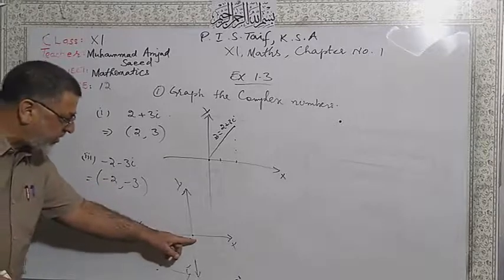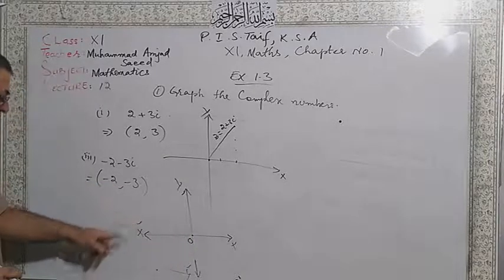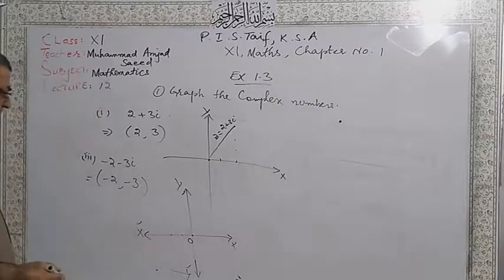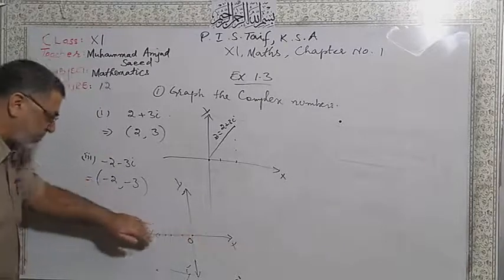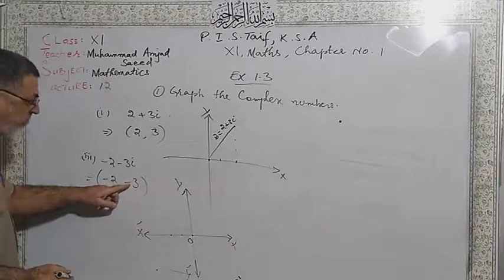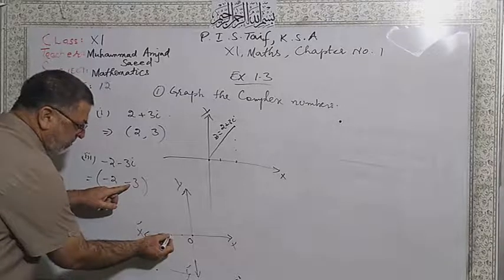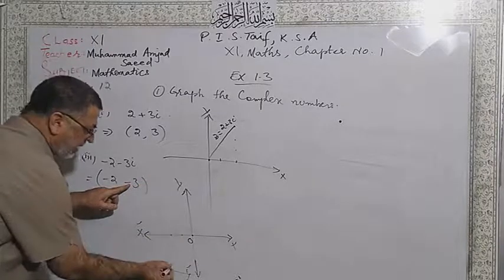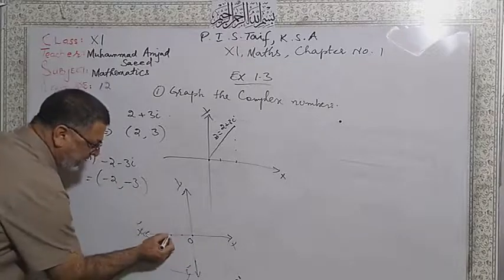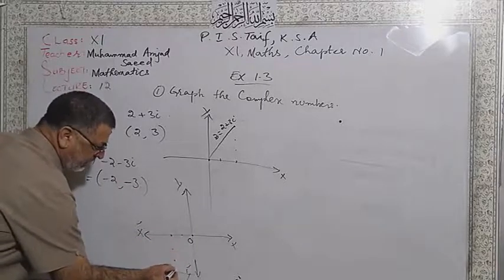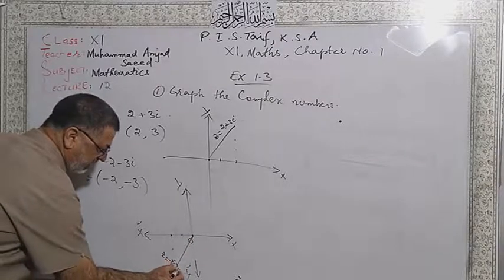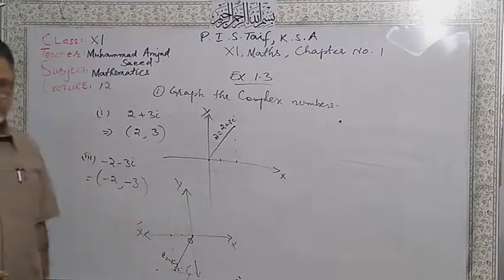You will move from the origin to the left-hand side towards x dash, dash being minus. Here is minus 1 and minus 2. X is minus 2, move towards left towards x dash, and y is minus 3. From this point, you will move up or down. Definitely this is negative, so you will move towards y dash, 1, 2, and 3. So in this way, this is your z equal to minus 2 minus 3 iota. That's your graph of that.